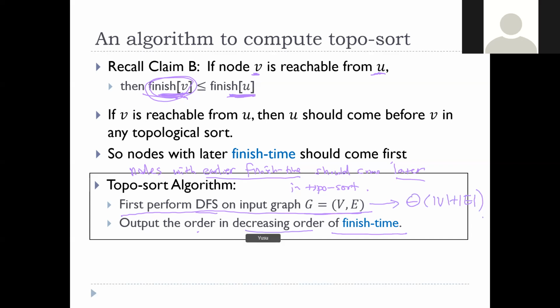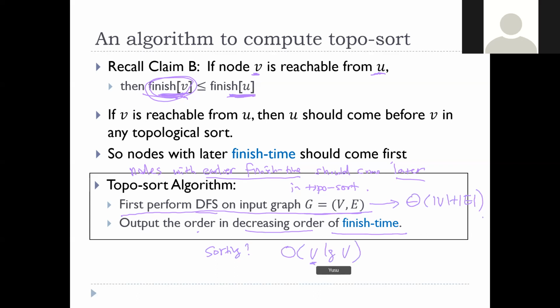Okay, if you say that now I have to do a sorting of the finish time, that would take, because now you have V nodes, a V log V, because you have to perform sorting of V numbers.